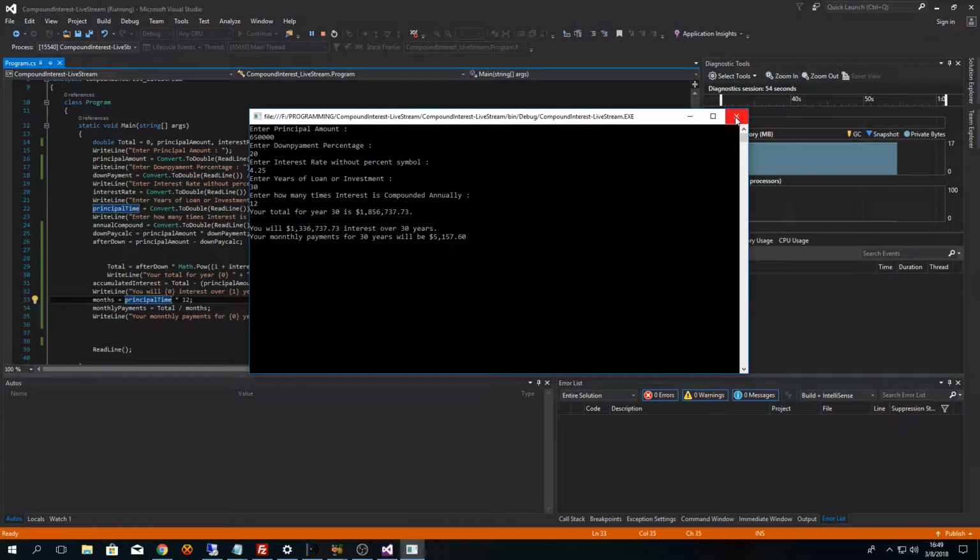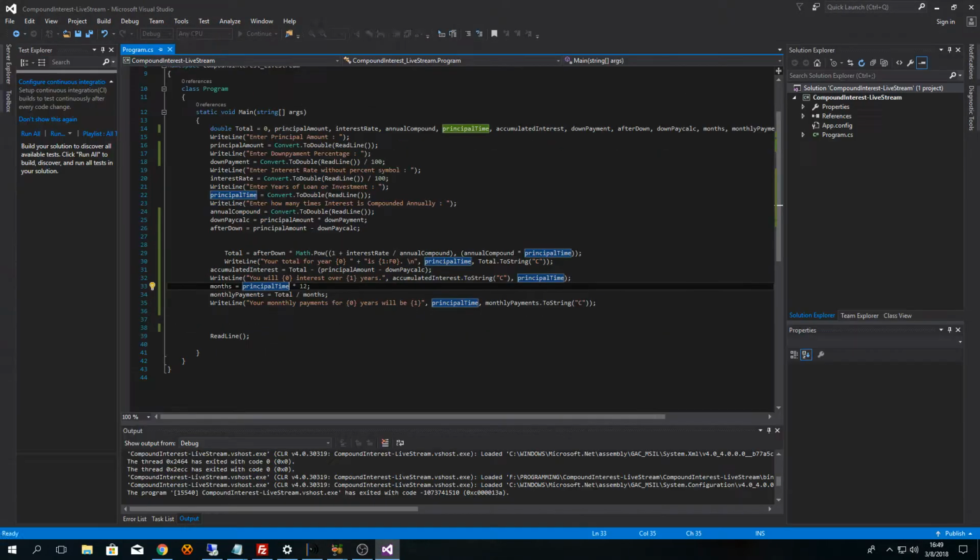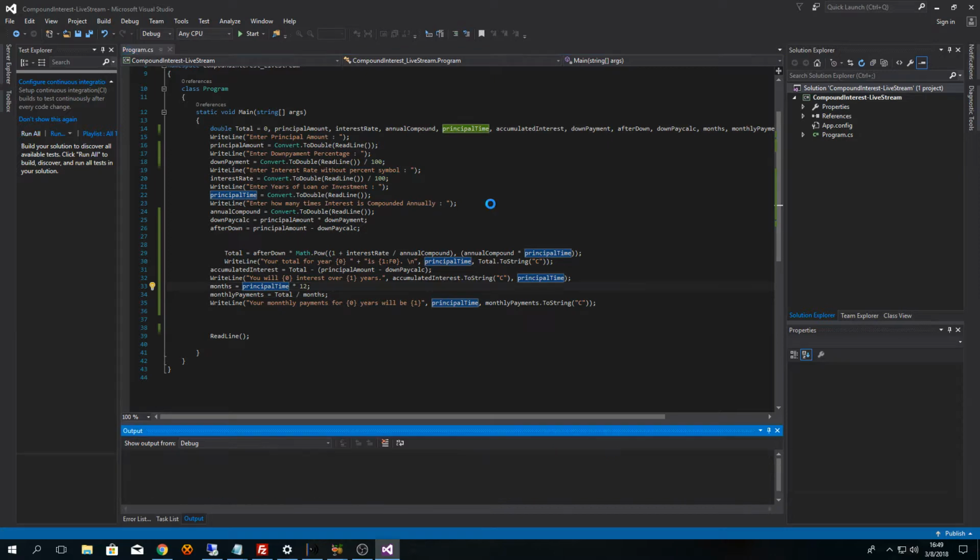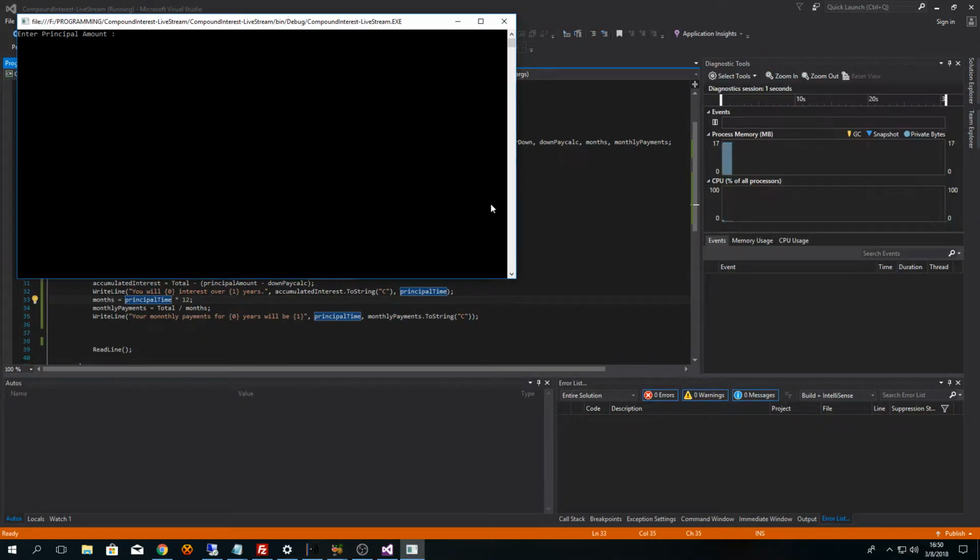Now, of course, if you're not borrowing the money for so long, the amount you'll pay in interest won't be so bad. I'll give you another example. We'll do the same $650,000 home, 20% down payment, 4.25% interest for, let's do 15 years this time.